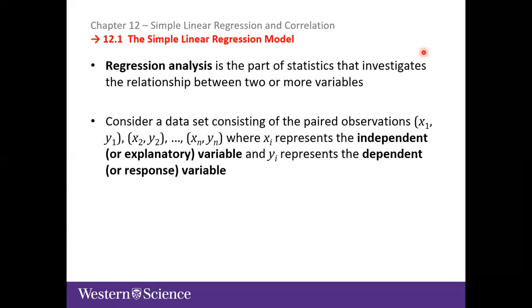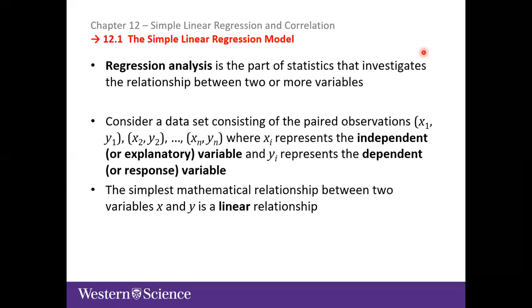or explanatory variable. And the Y is referred to as the dependent or the response variable. So the Y is something to predict, and the X is going to be used as a function of X in the regression analysis.